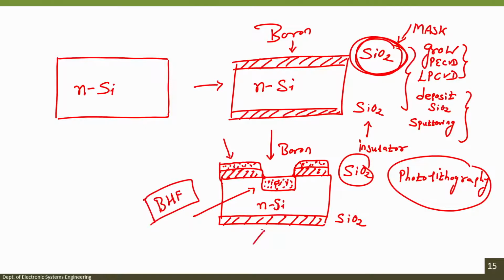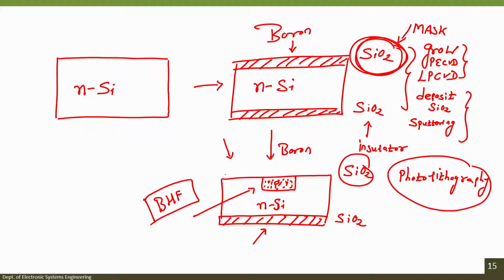If I dip this wafer in BHF, what will happen? This boron oxide and silicon dioxide will get etched. The impurities doped inside silicon will be boron, and outside it will be boron oxide.